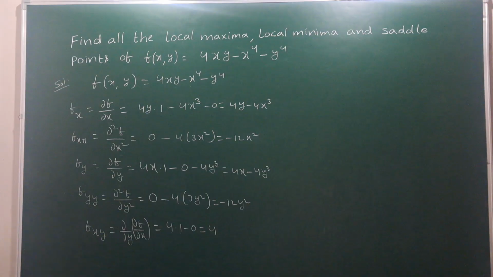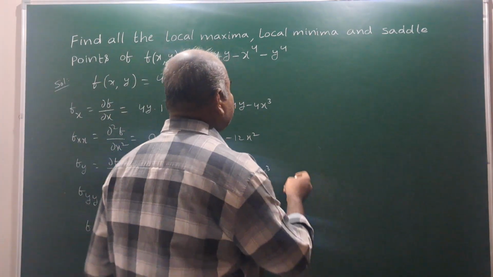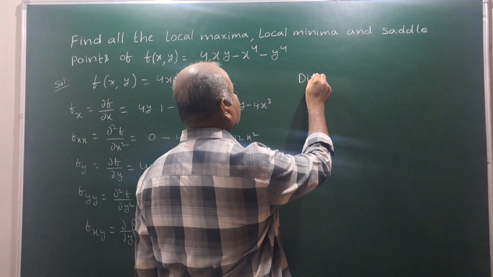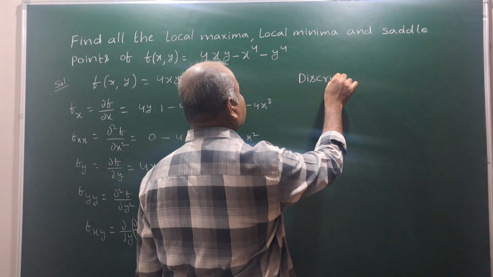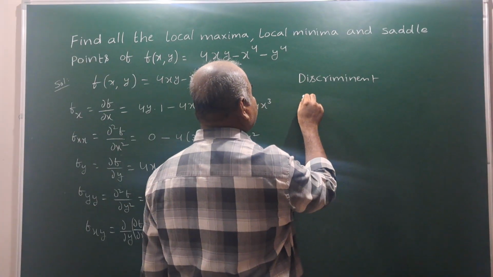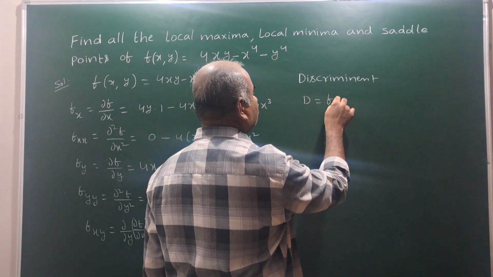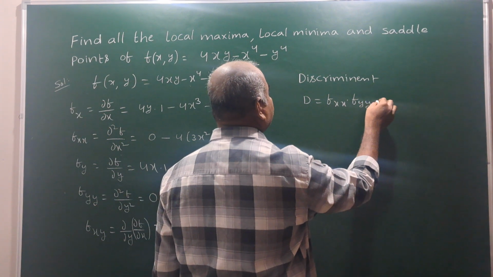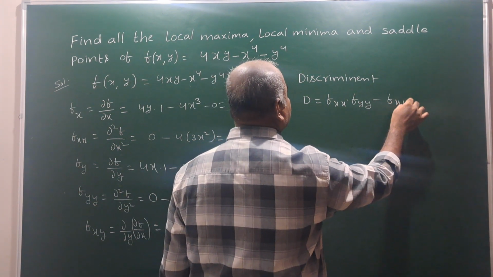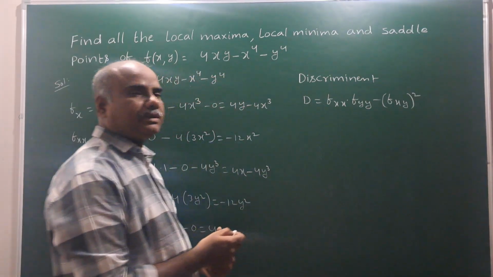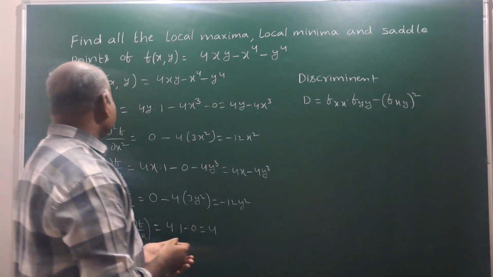Okay, continuation. Next we have to find the discriminant. Discriminant D is equal to fxx into fyy minus fxy whole square. Okay. So this value is called discriminant of the function.